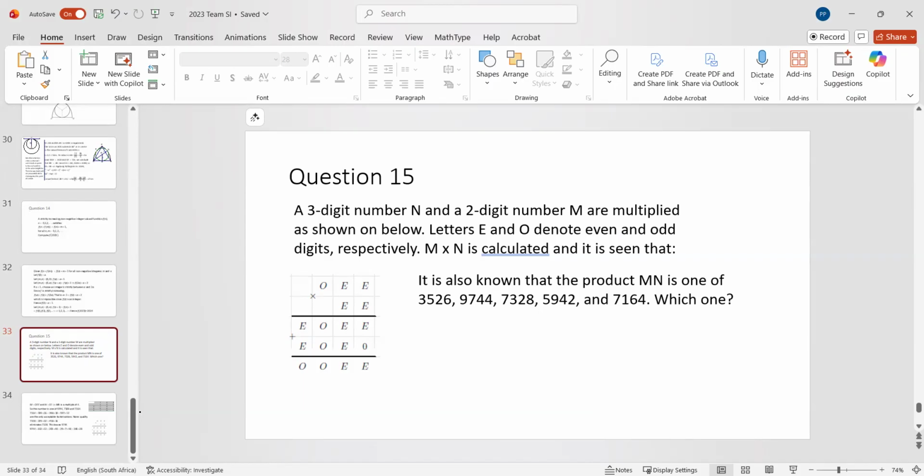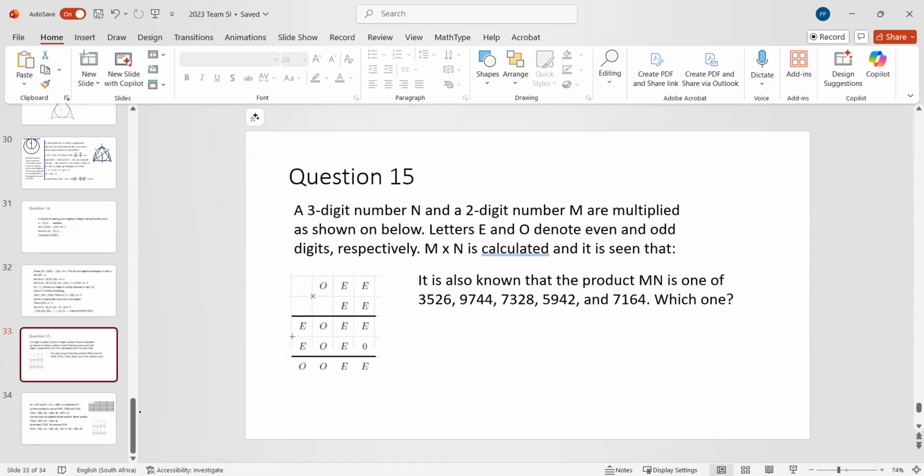So this is an odd number. It could be any one of the digits 1, 3, 5, 7, 9. And this one here could be 0, 2, 4, 6, 8. So all you know is that you've got odd, even, times even. You've got this whole calculation here, and that is equal to odd, E, E.